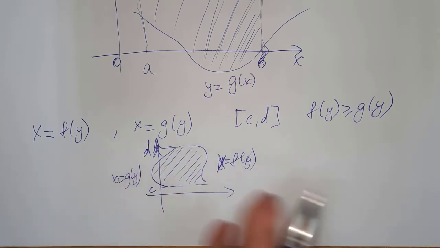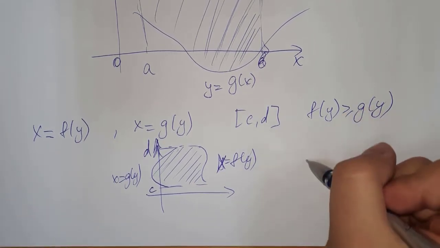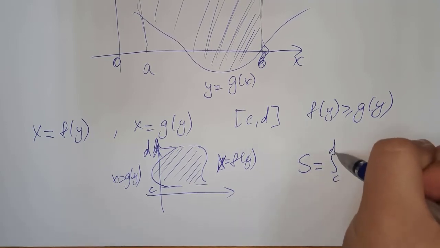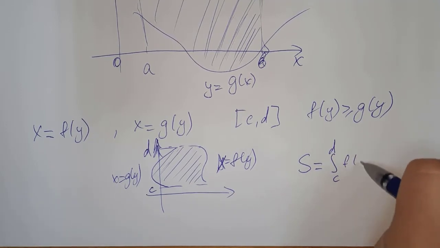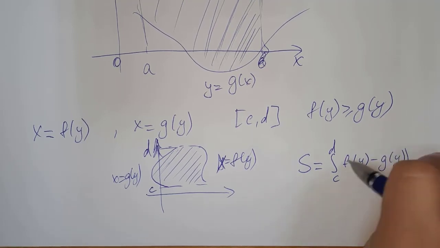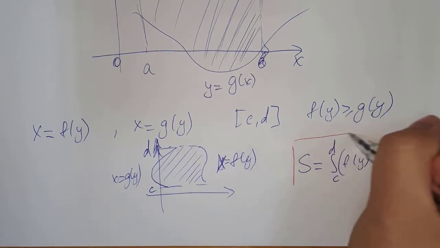Now we need to find our integral with respect to y. So in this case, the formula is the integral from c to d of f(y) minus g(y) dy. This is for the second case.